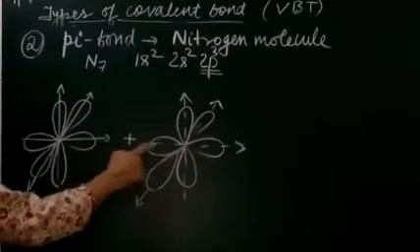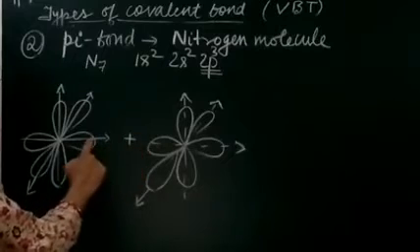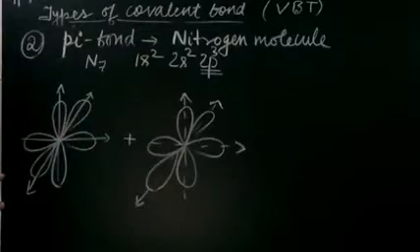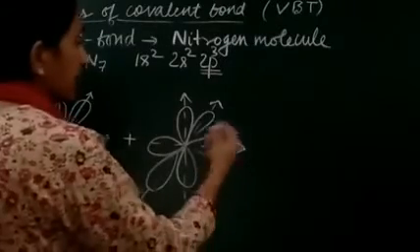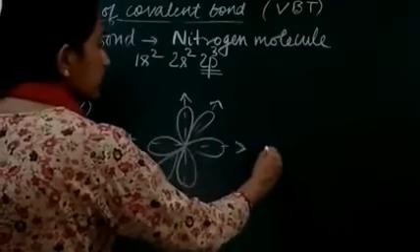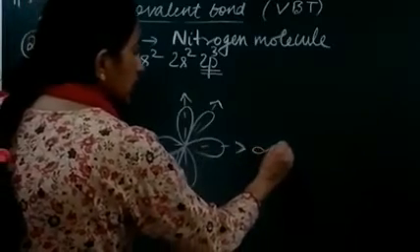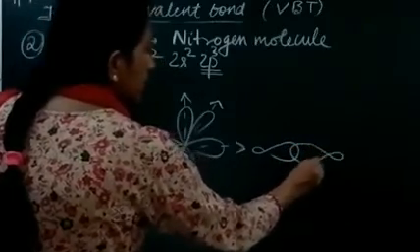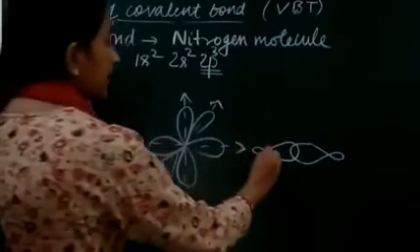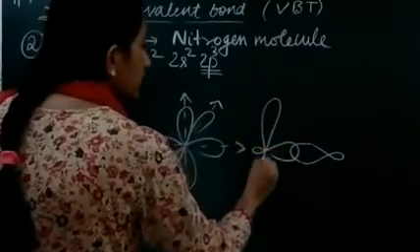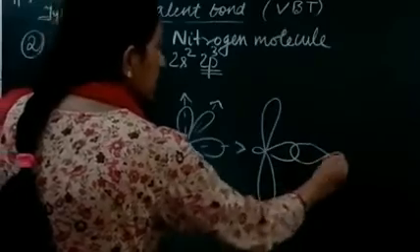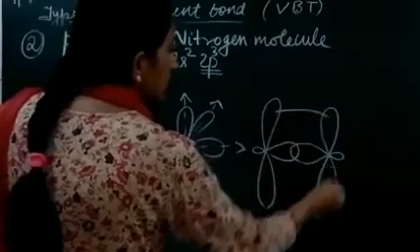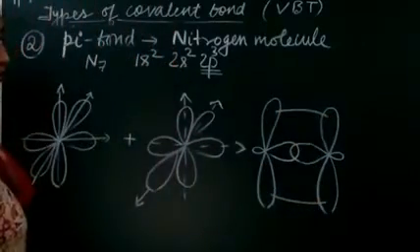So here you can see there will be head-to-head overlapping. So here the sigma bond will be formed, whereas in the rest two types of atomic orbitals there will be pi bond formation, right? So first we will show the sigma bond which is being formed. This is the sigma bond between the two nitrogen atoms. Then, in this way, this will be the first pi bond which will be formed.